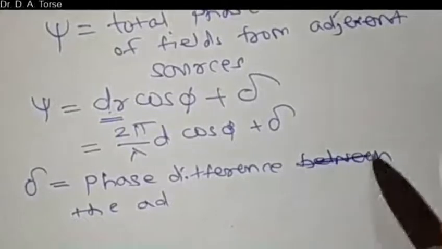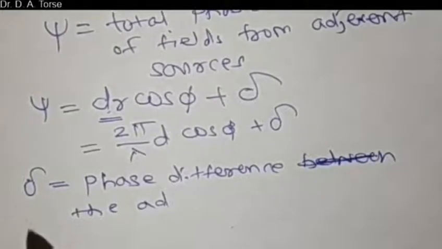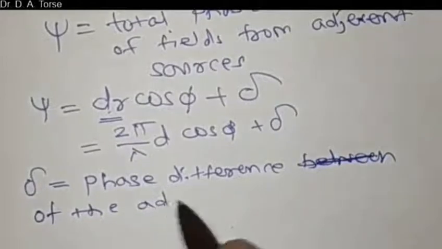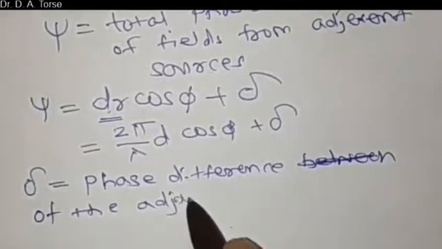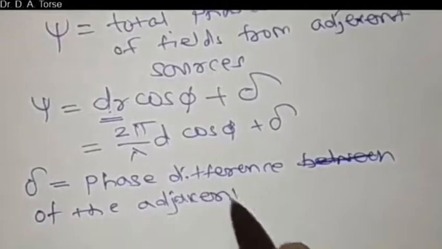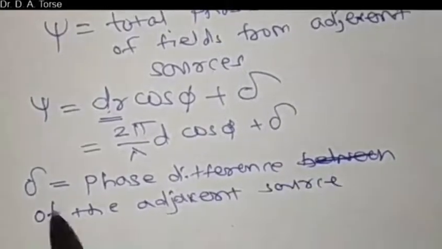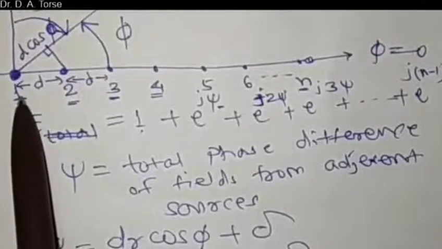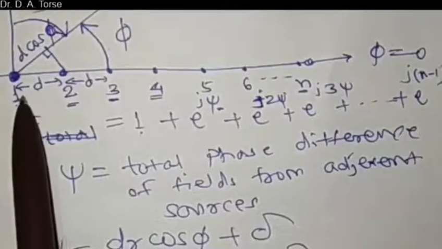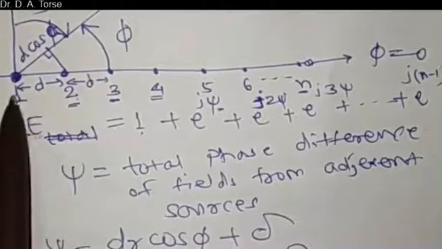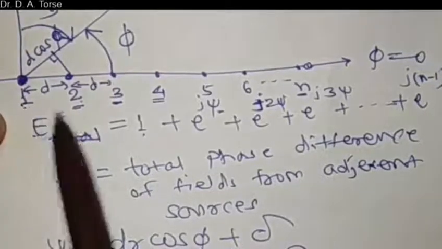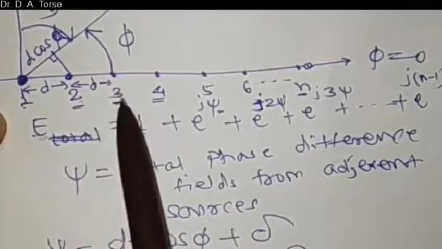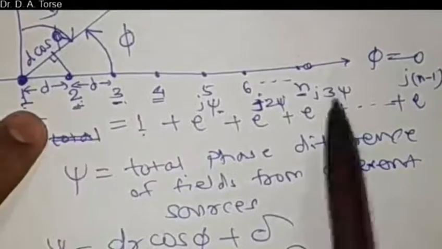Instead of saying between, I will say phase difference of the adjacent sources. I'll tell you what delta is. Delta is a phase difference of source 2 with respect to source 1. It is phase difference of source 3 with respect to 2, and so on.